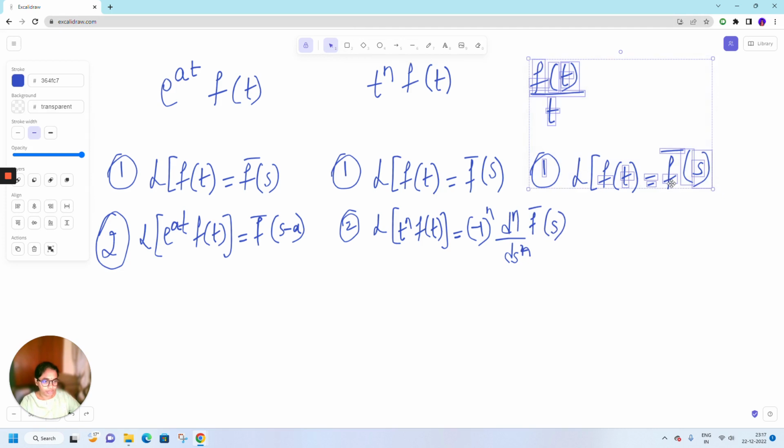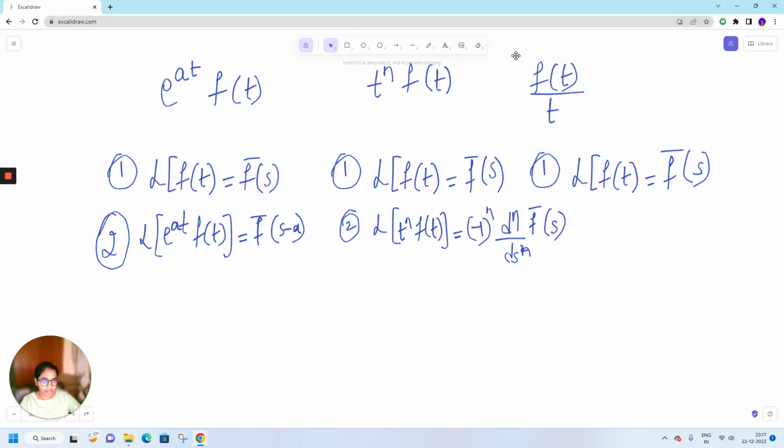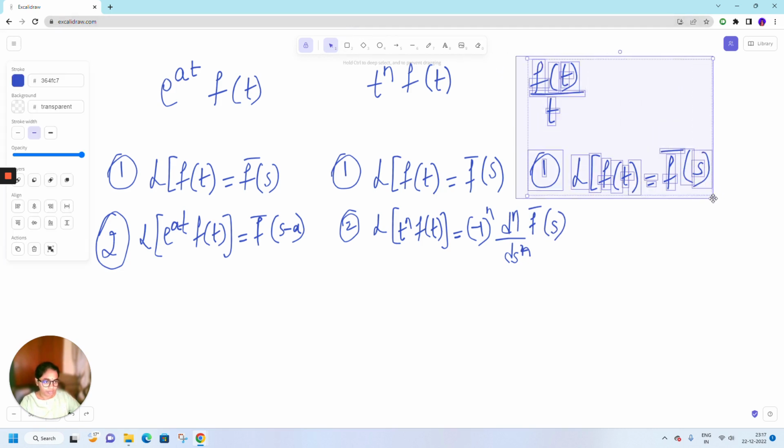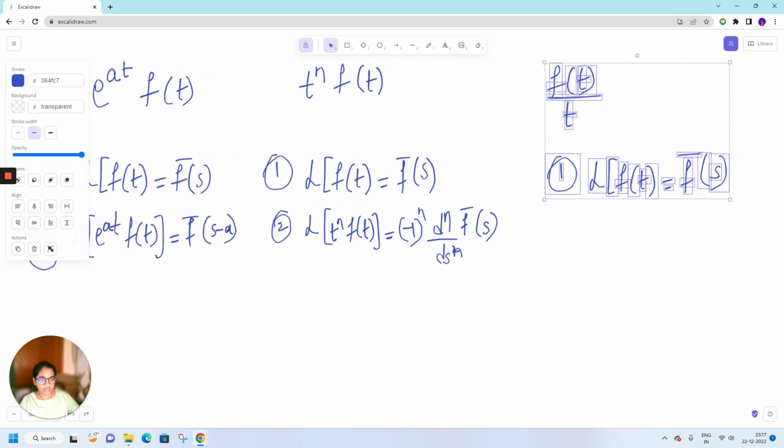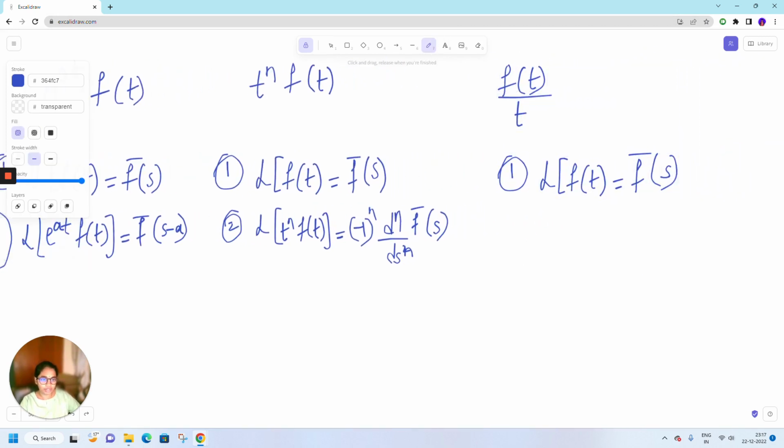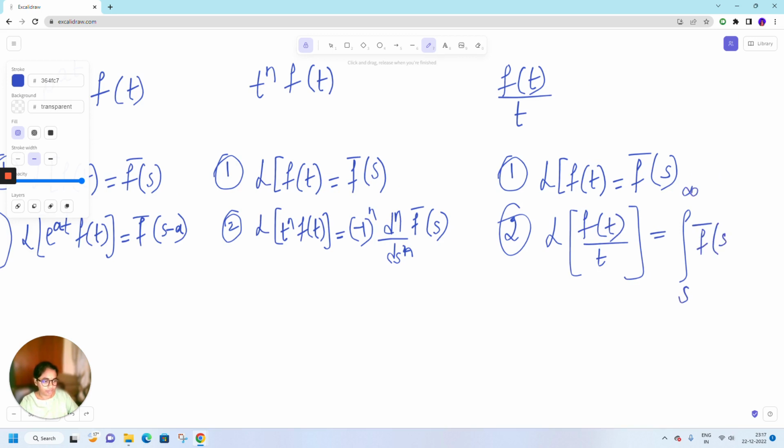What should we do in the third property? What is the second step in the third property? Whatever you found, that is f bar of s, Laplace of f of t divided by t is equal to the integral from s to infinity of that f bar of s with respect to s.